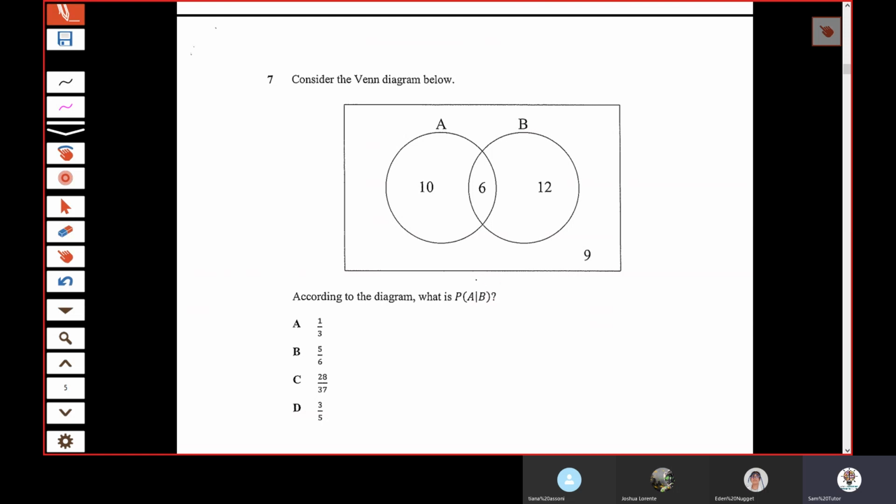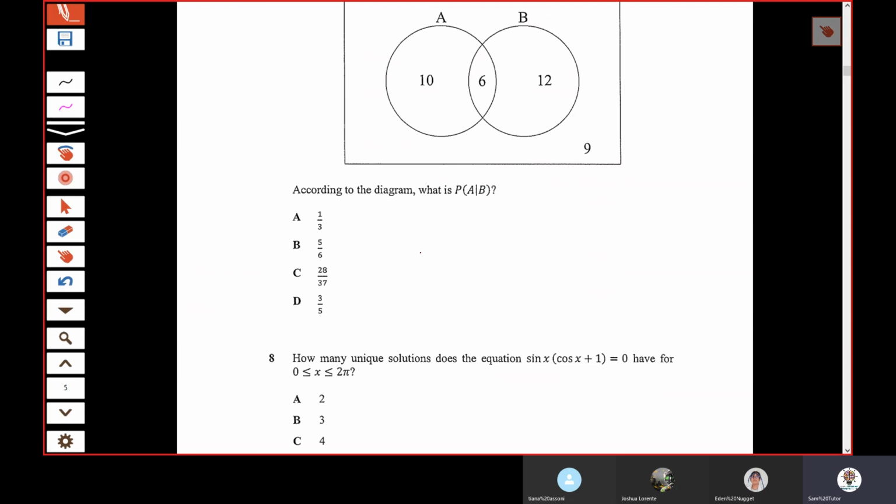But in other words, it's just saying what's the probability of obtaining A out of those who have obtained A and B. So pretty much you're just going to go 10 over 10 plus 6 plus 12, which is easy. You don't add the 9, but anyways, we don't need to do that.